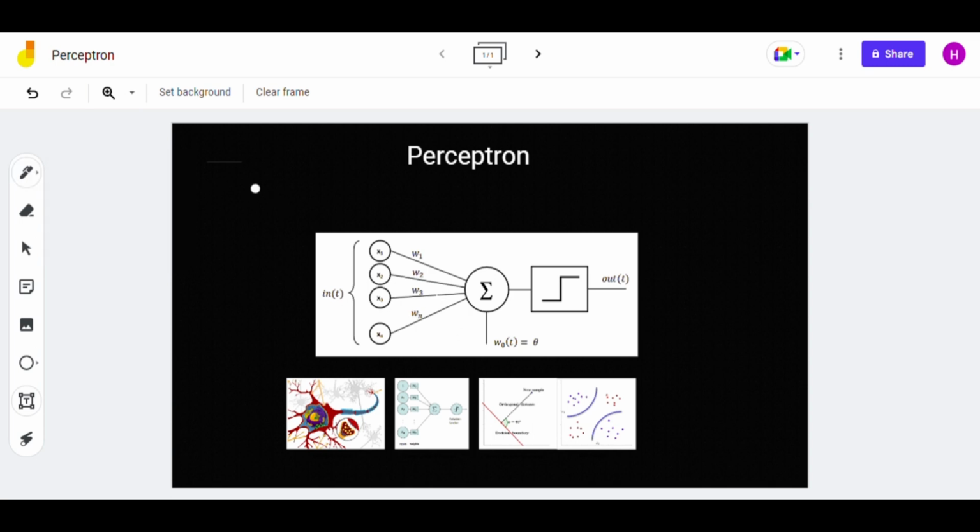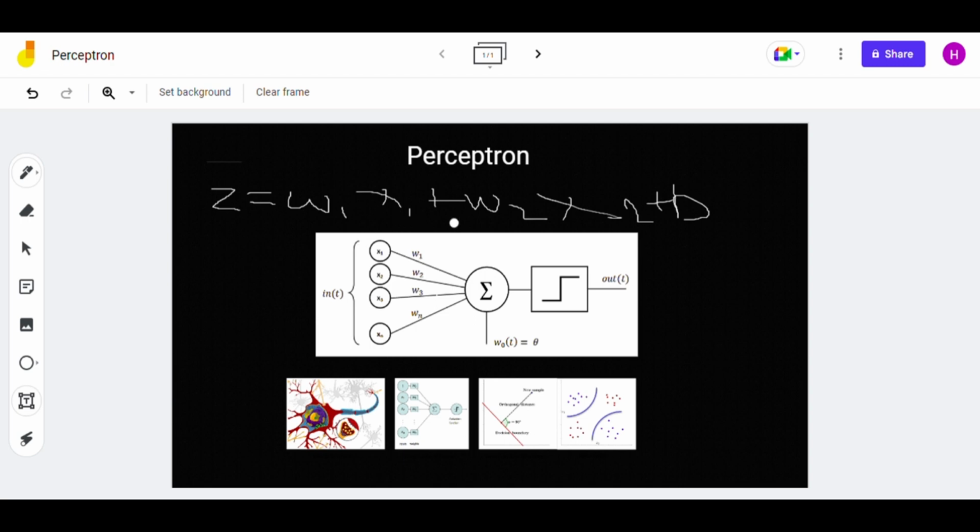Z is basically W1 X1 plus W2 X2 plus B. There are two parts inside of a perceptron. One is its training, and the other is accuracy.